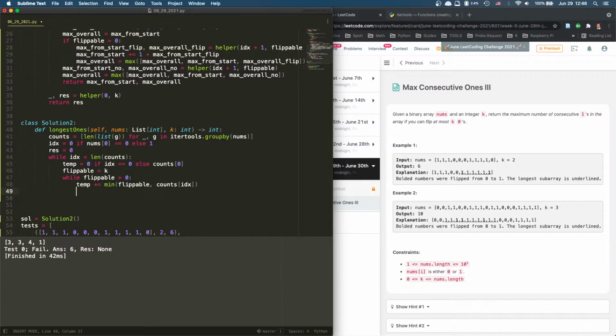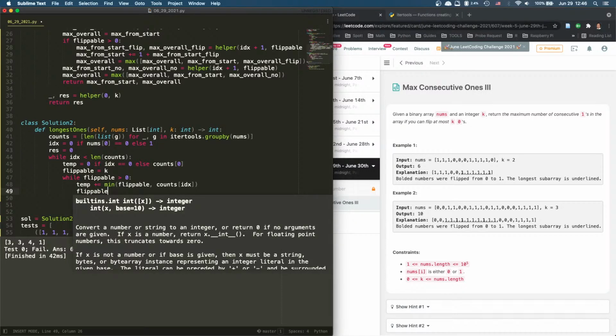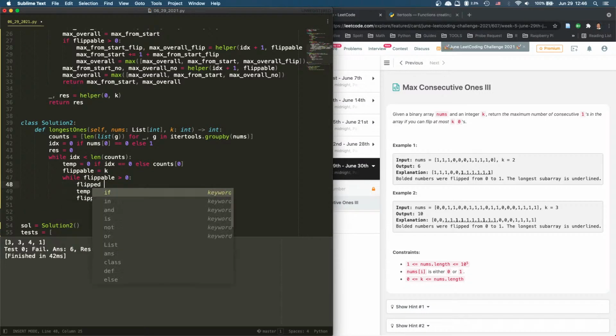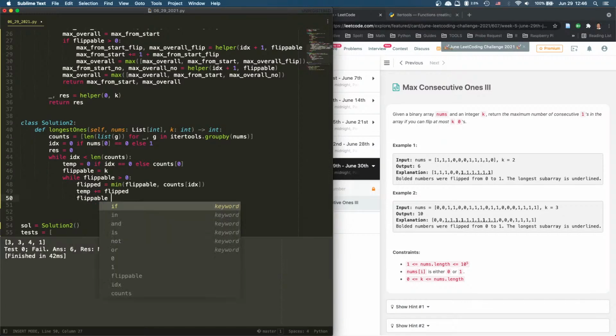Right, after that, hold on. So we're going to say flipped equals the minimum of the two, and then temp always adds flipped, and flippable is going to be minus equal to flipped, right?